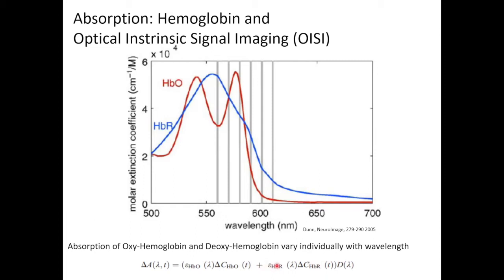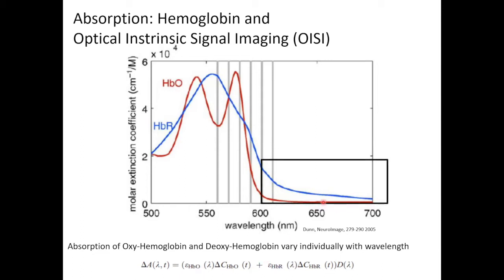So if you have the extinction coefficient well characterized, as we do here, and we have a number of different wavelengths as illustrated by these gray vertical lines, you can solve this equation and actually quantify the concentration of oxy and deoxyhemoglobin. From there, you can measure oxygen saturation, which, for those of you who are in medicine, is extremely helpful to assess the pathological state of a patient or of a specimen.